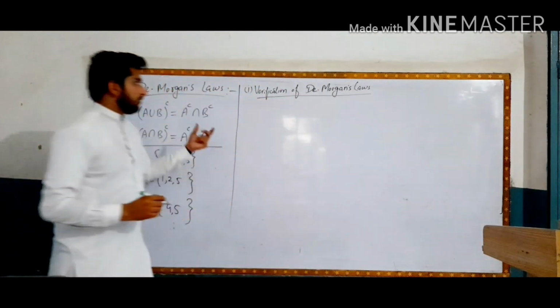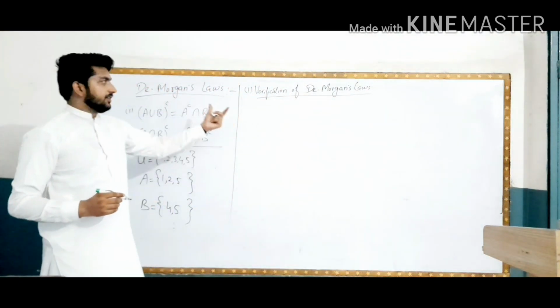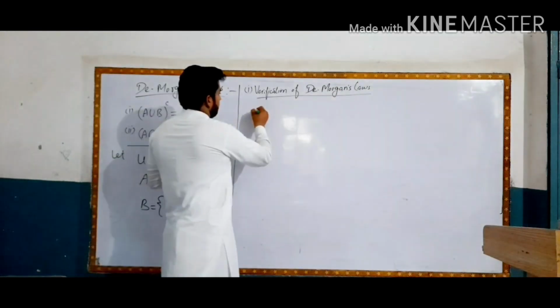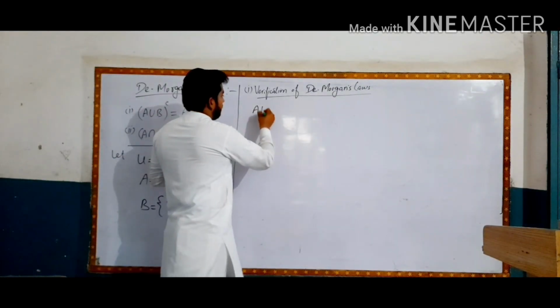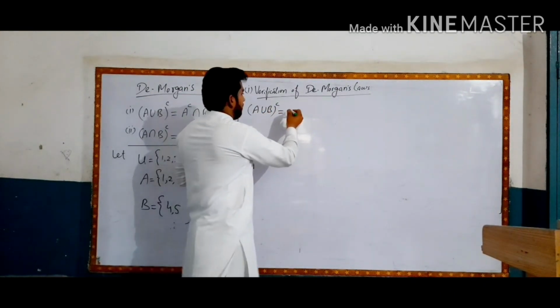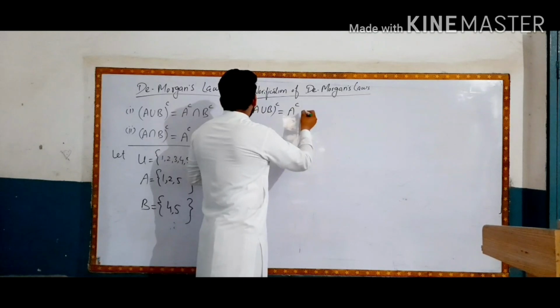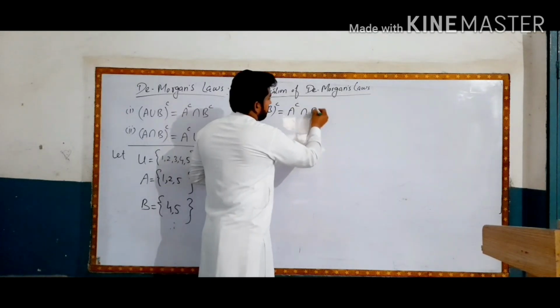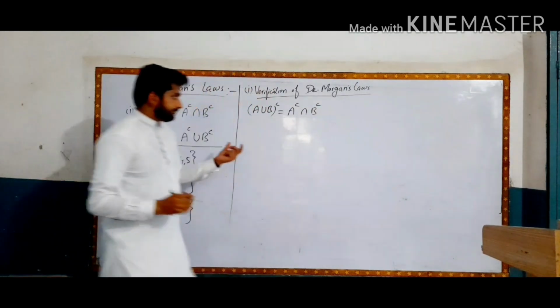The first one is (A union B) complement is equal to A complement intersection B complement.